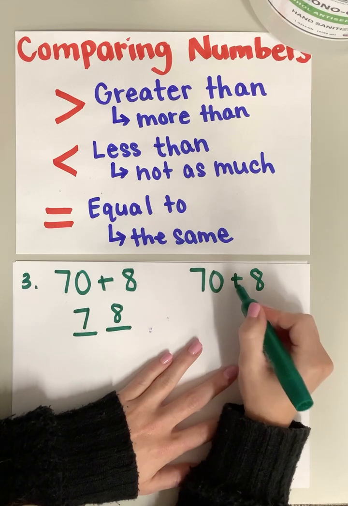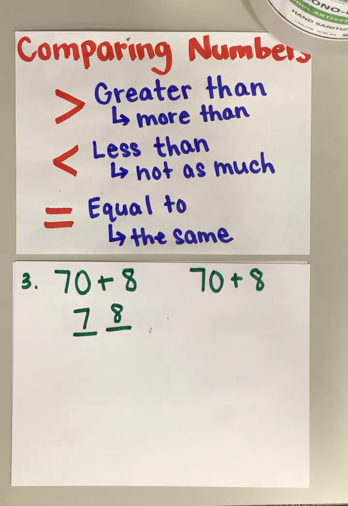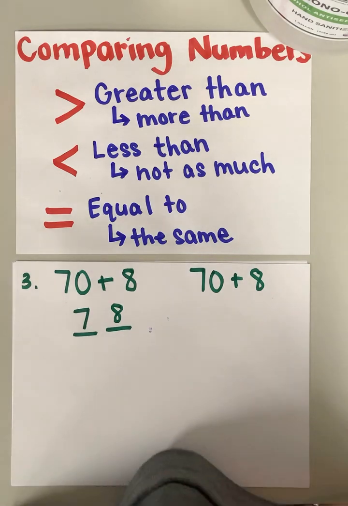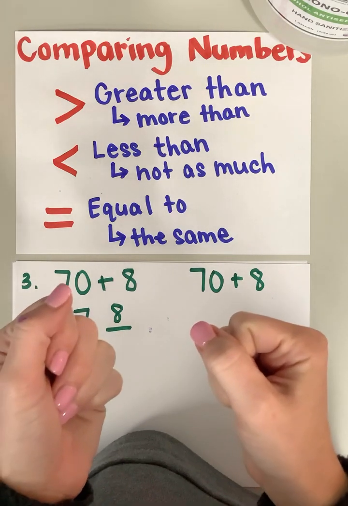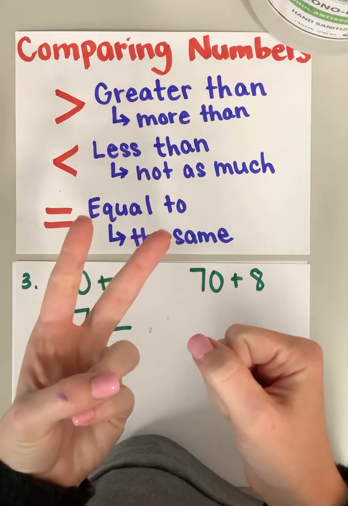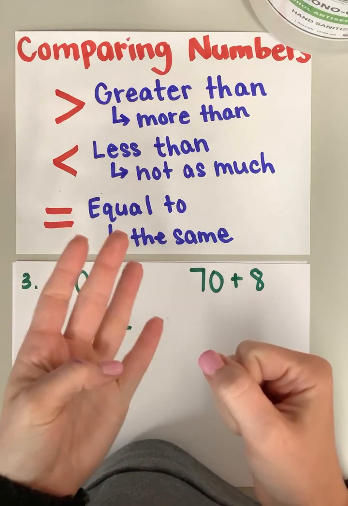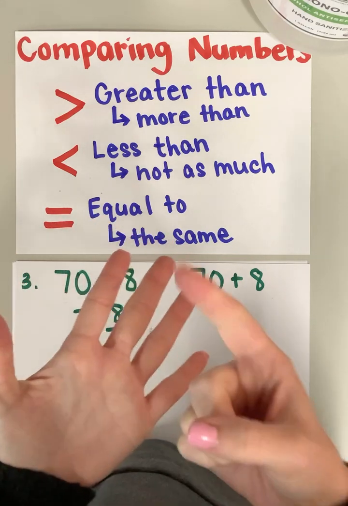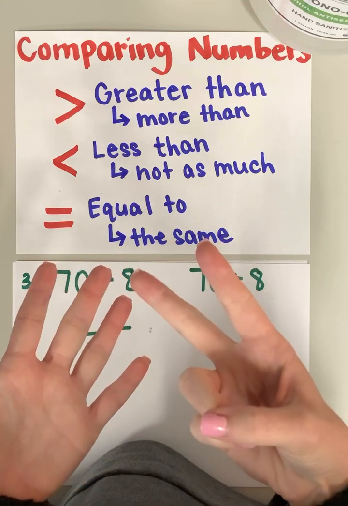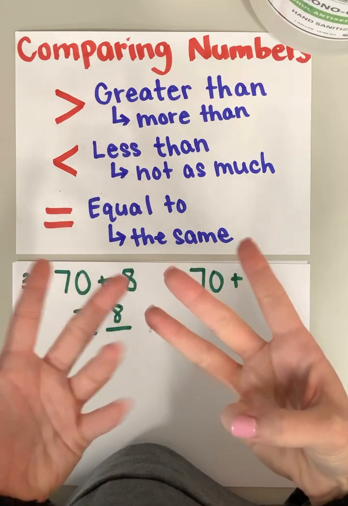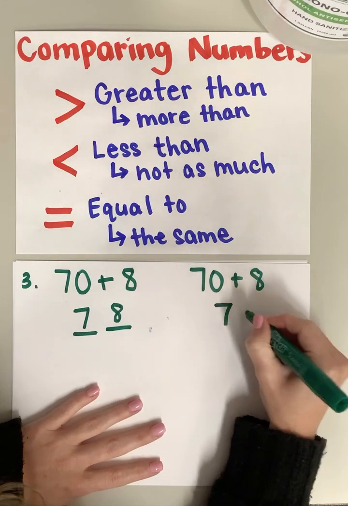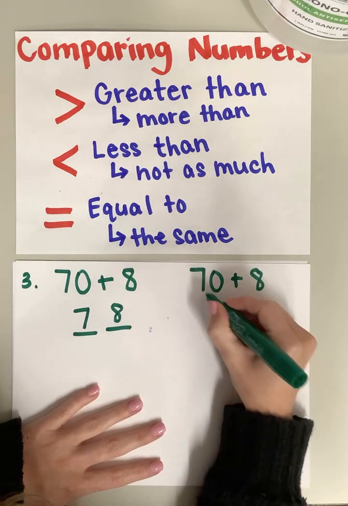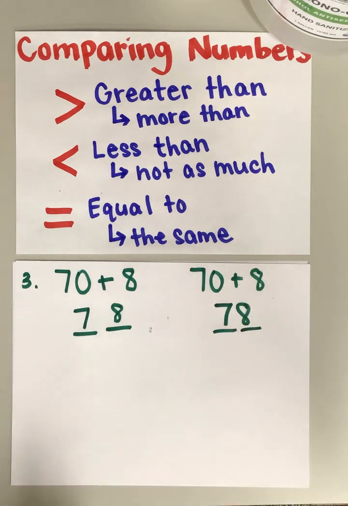70 plus 8. Okay, I'll do this one by counting or adding. I'm going to start at 70 and I'm going to count 8. 71, 72, 73, 74, 75, 76, 77, 78. That's 8 fingers. 78 is my number. 7's in the 10s, 8 in the 1s.